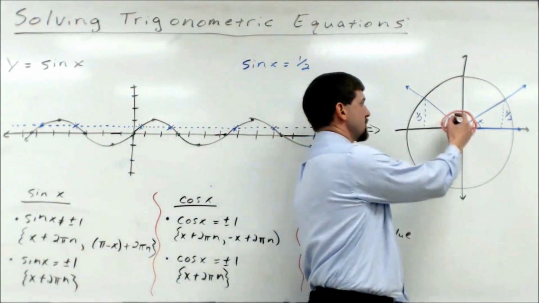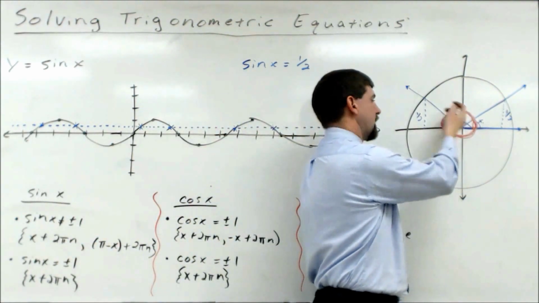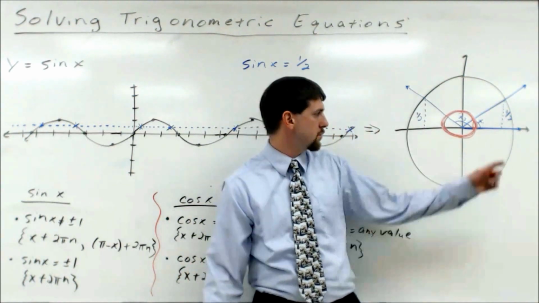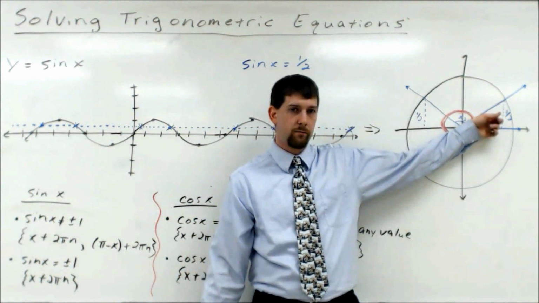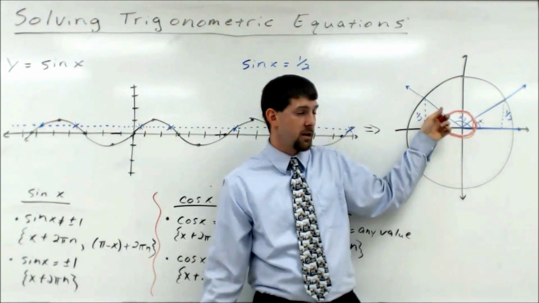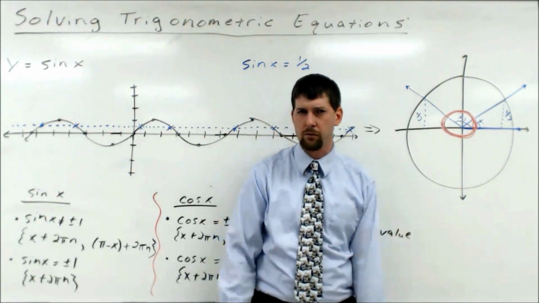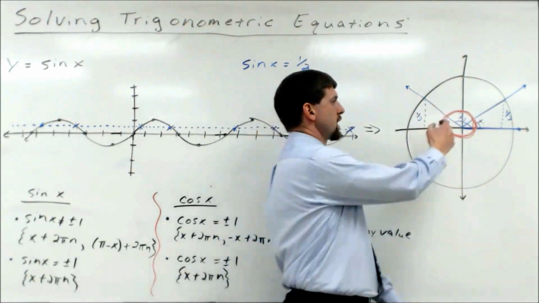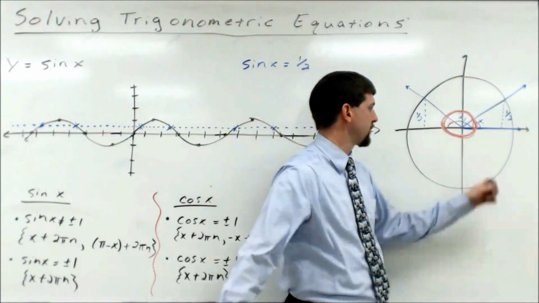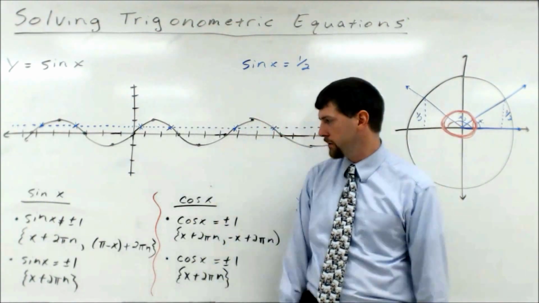The other one occurs at 150 degrees or 5 pi over 6. Well, what's the relationship between 30 degrees and 150 degrees? They're supplementary angles. So it's 180 degrees, and that comes back to being our reference angle. Those reference angles are equivalent.